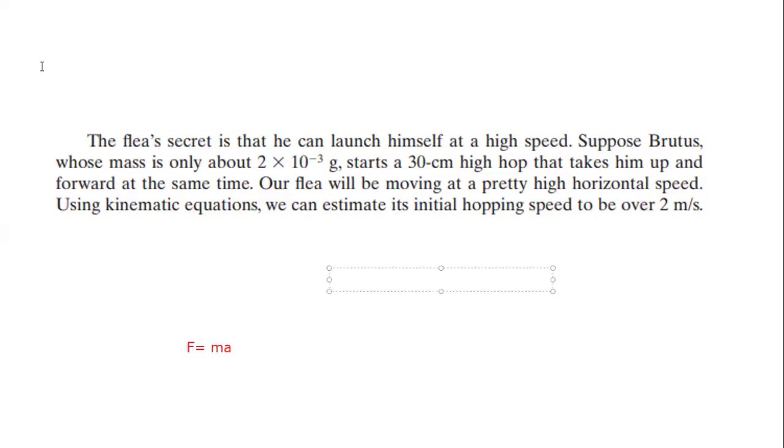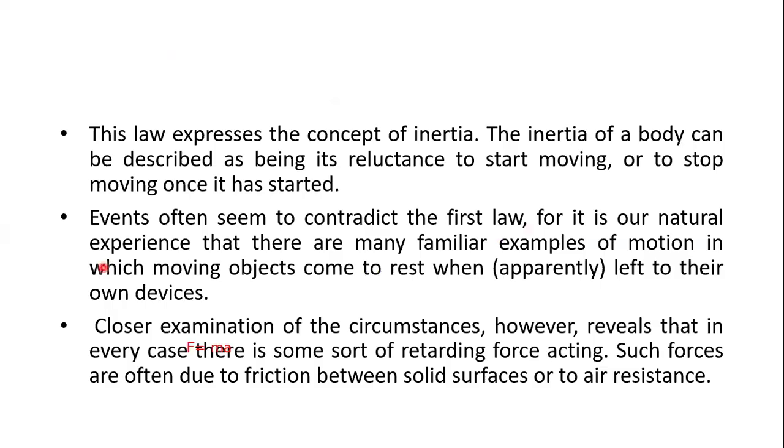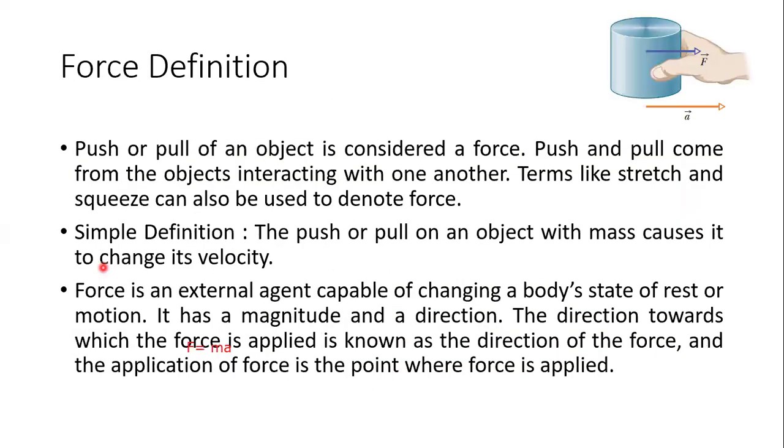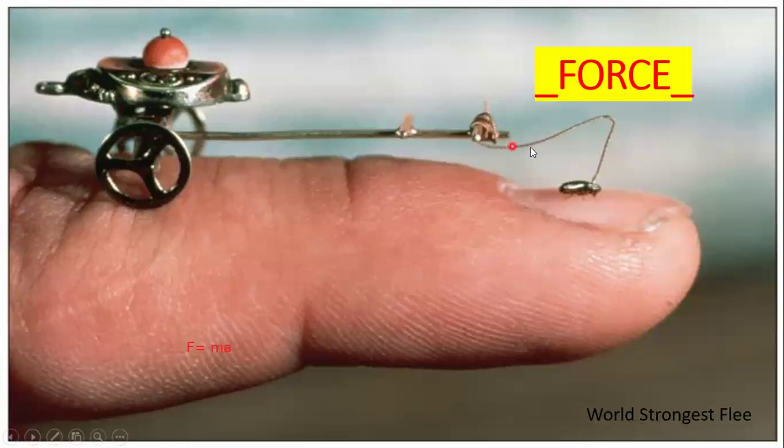Compare it to the size of that flea. This is somewhat larger, right? This is the object. This has some higher mass, and to move this one, you need higher force actually.